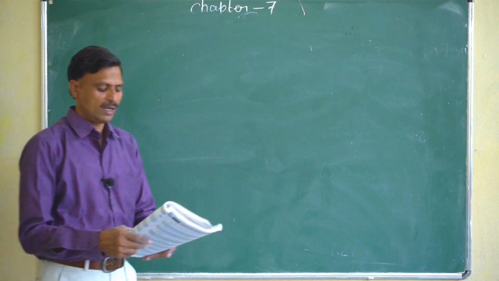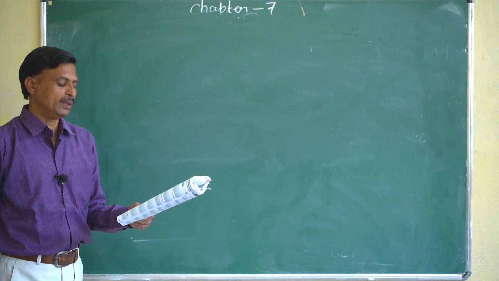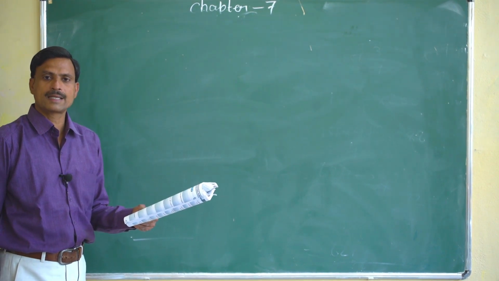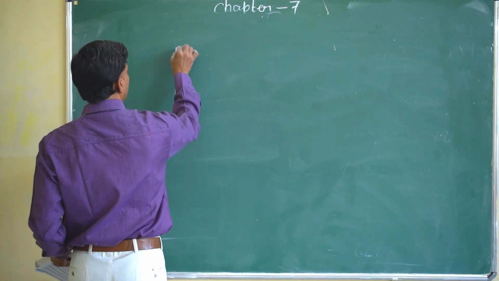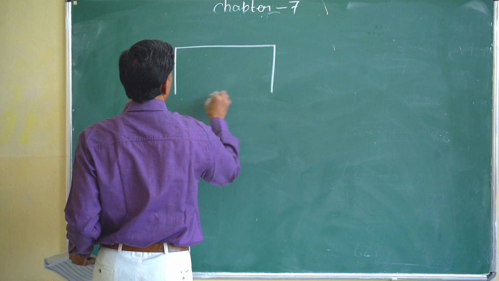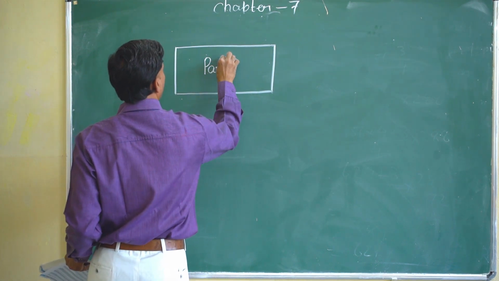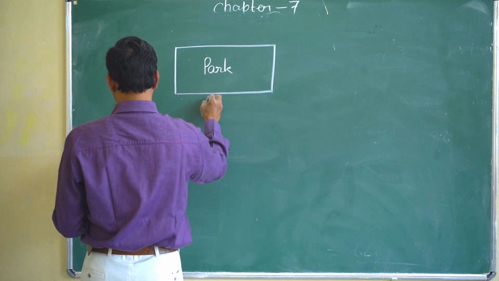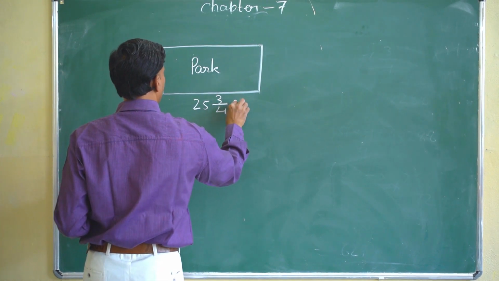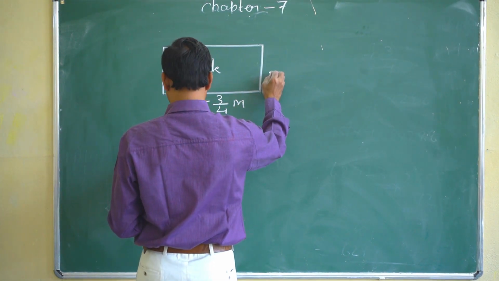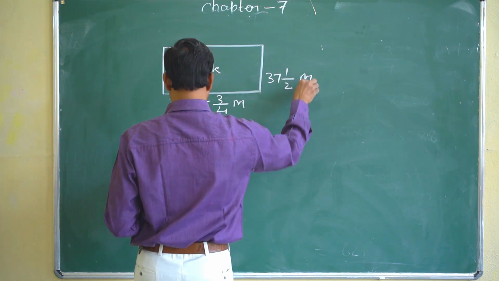The question is: find the area of a park which is 25 whole number 3 by 4 meter long and 37 whole number 1 by 2 meter wide, that is 37.5 meter wide.